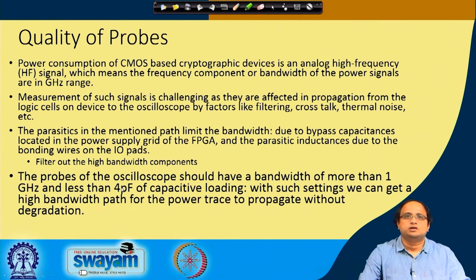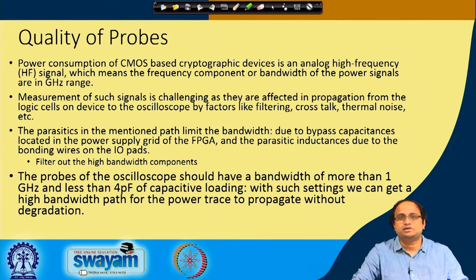As I said at the beginning, for your setup the quality of probes is extremely important, and they need to be of satisfactory quality. Observe that the power consumption of CMOS based cryptographic devices is an analog high frequency signal, which means that the frequency components of the power signals are quite high, could be in the gigahertz range.